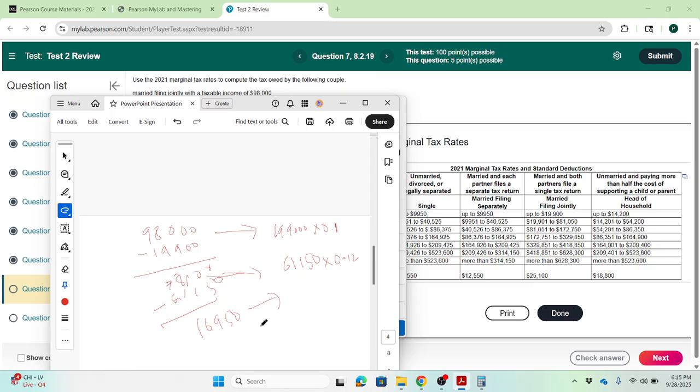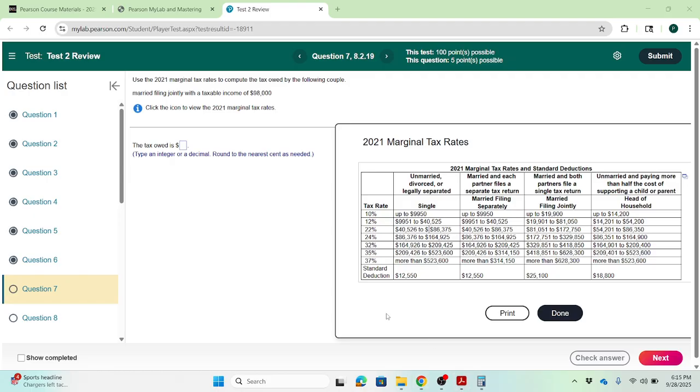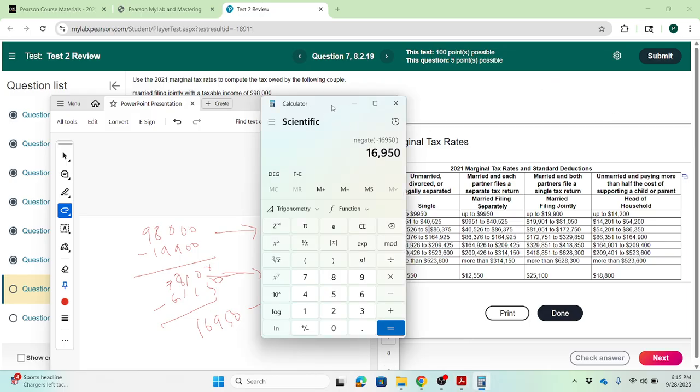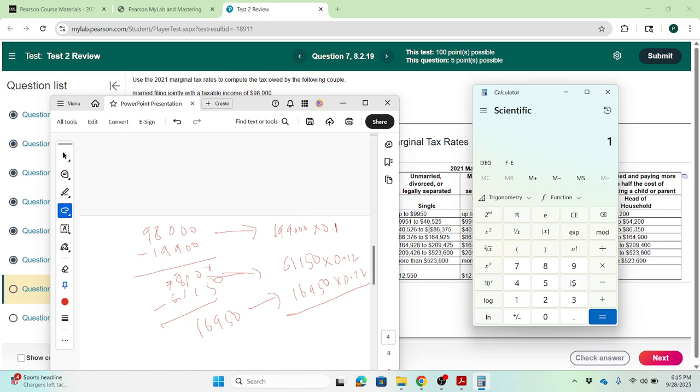For the third row, as you can see, from 81,000 to 172,000, this is more than 16,950. That is taxed at the rate of 22%. So for the remaining balance, 16,950, you have to multiply that by 22%. If you add all these three numbers, that will give you the total tax. So I'm going to do that. For the first one, 19,900 times 10% is 1,990, plus.